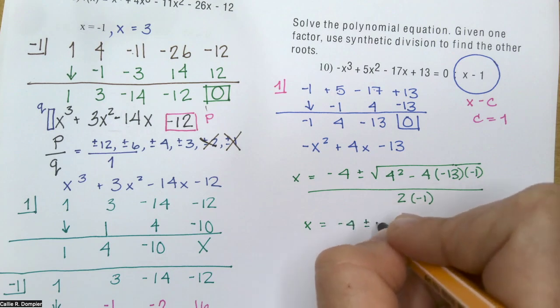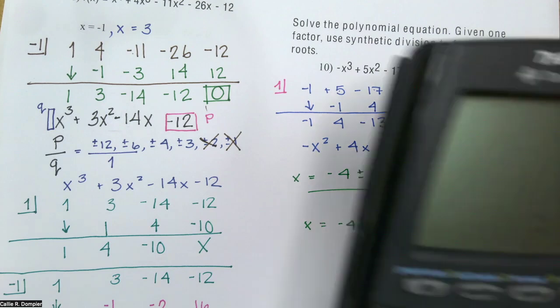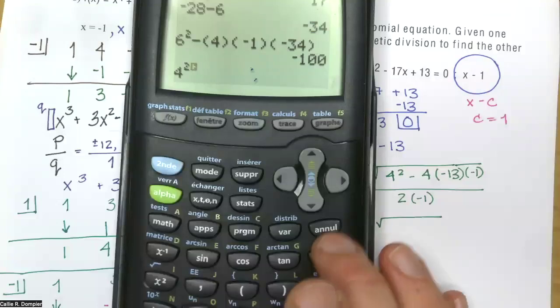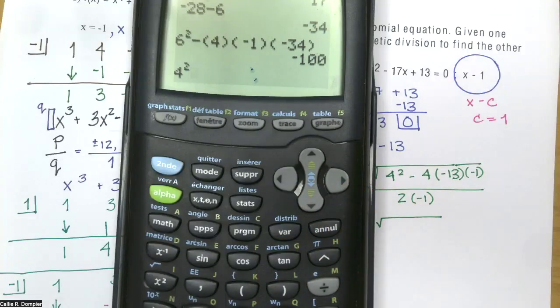So -4 plus or minus 16, right? 4 squared, minus 4 times -13 times -1.